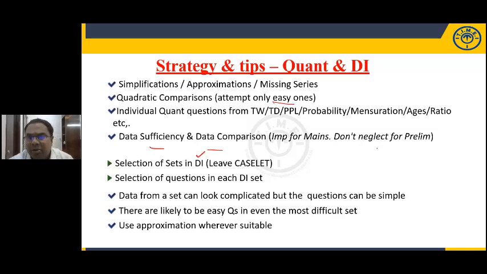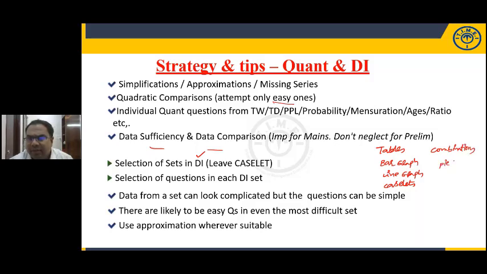Now, when I'm talking about data interpretation, your questions on tables, your questions on bar graph, your questions on line graph, your questions on caselets, your questions on combinations, your questions on pie charts.